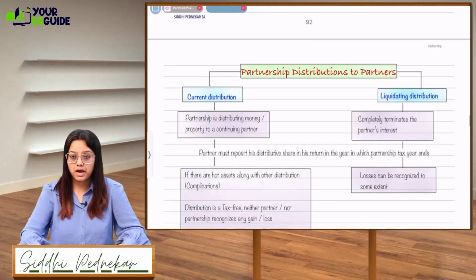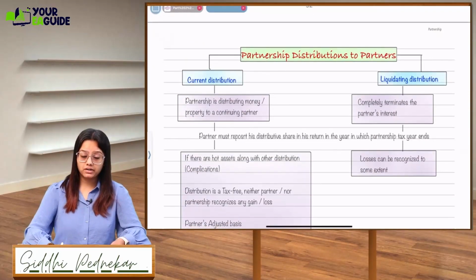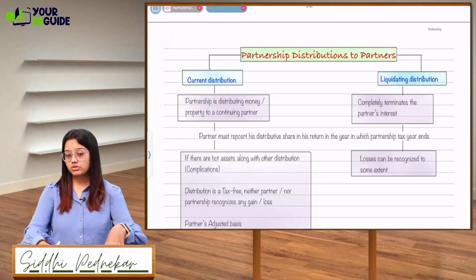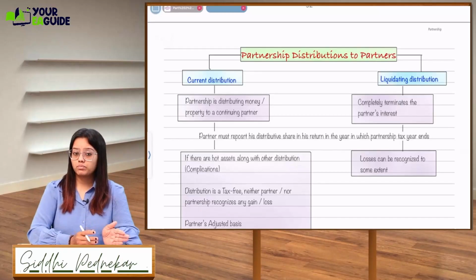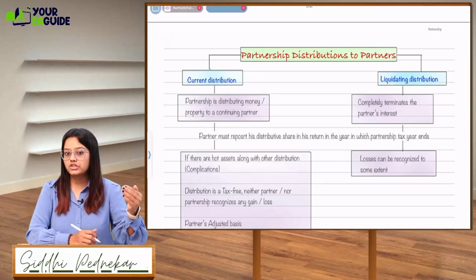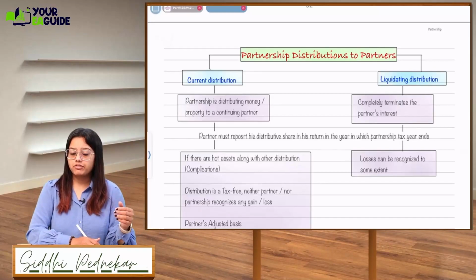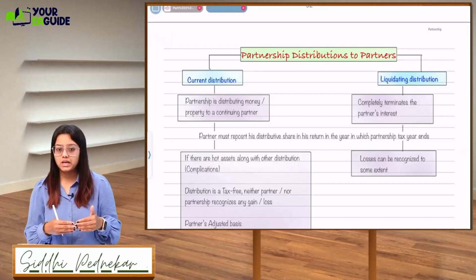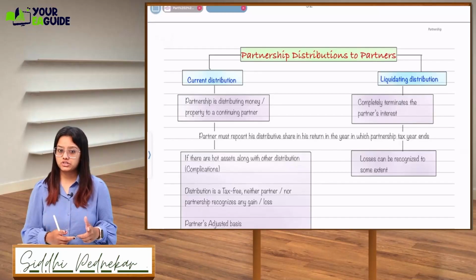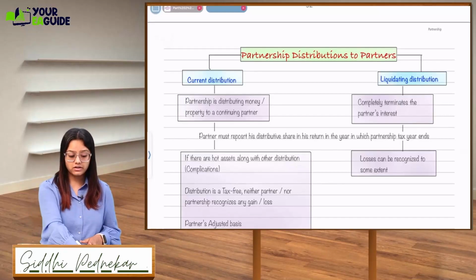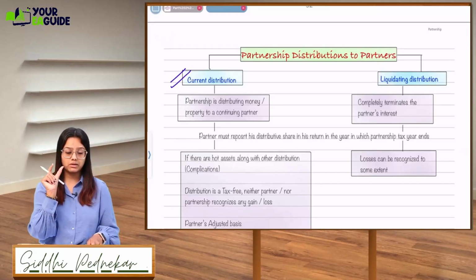Next is partnership distribution to the partners. Distribution can be divided into two parts. One is a current distribution, meaning in day-to-day business, if a person is taking a normal distribution from the earnings, that is your current distribution. If there is a current distribution, just reduce that amount from your basis.